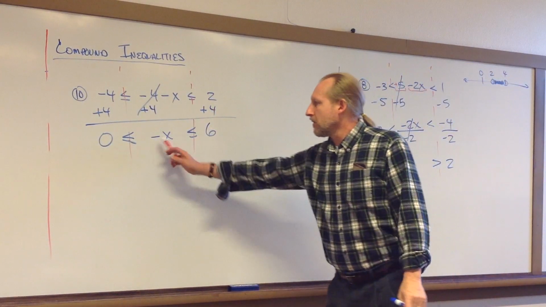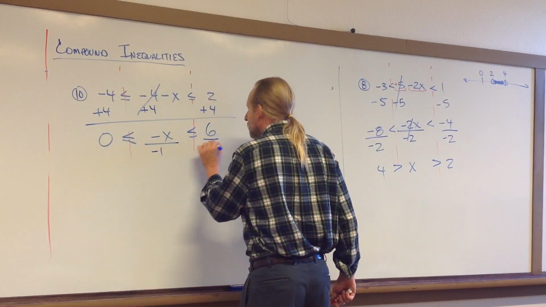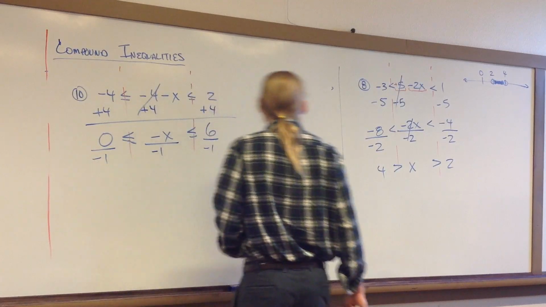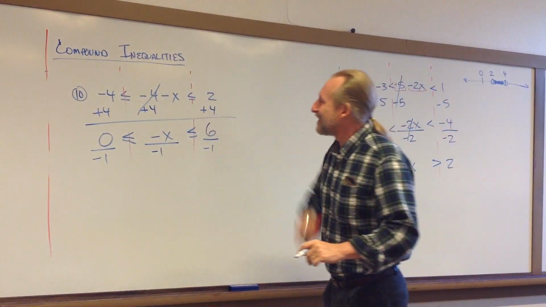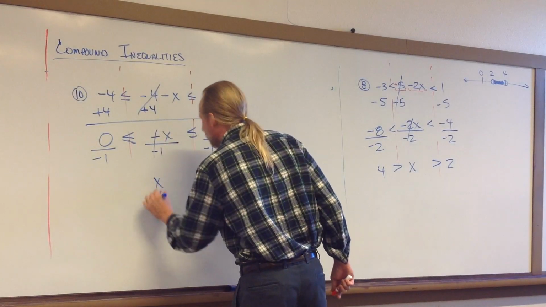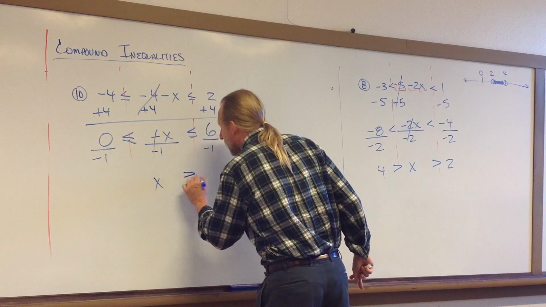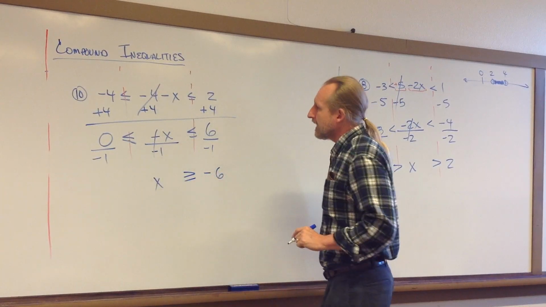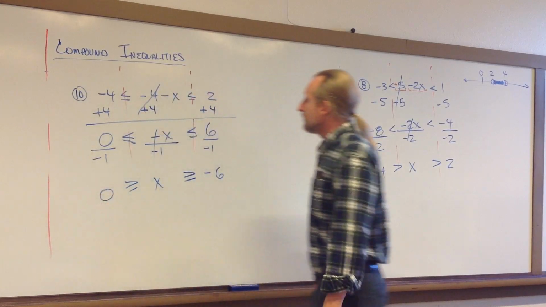Okay, now to get this -1 out of the way, we're going to divide in 3 different places by -1. Now, because we're dividing by -1, again, that will flip this around, make that -6, greater than -6, less than or equal to 0.